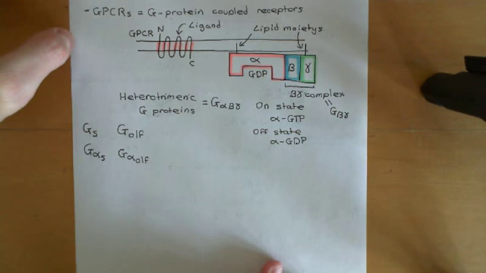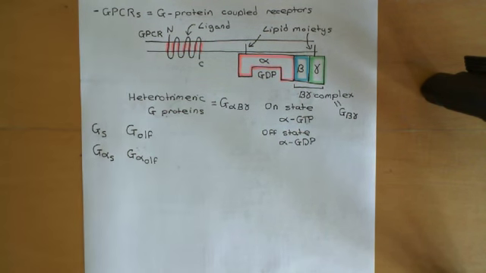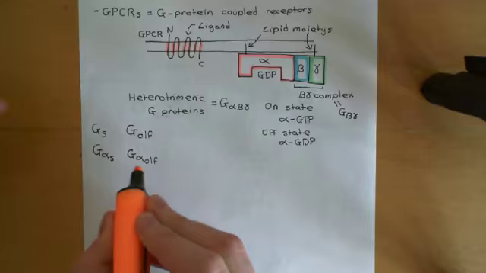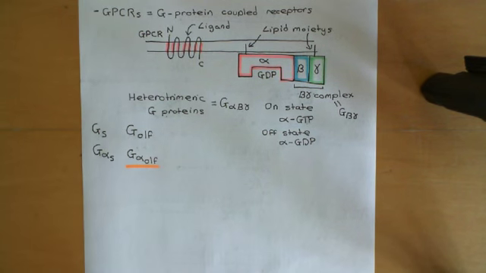Okay, now G alpha s is the most famous one, and it's that one that we're going to dwell on most, but I do want to just mention G alpha olf, because G alpha olf does basically exactly the same thing as G alpha s. It's capable of activating all 9 adenylyl cyclases. Okay, the reason G alpha s is far more famous than G alpha olf is that G alpha olf is much rarer in the body.